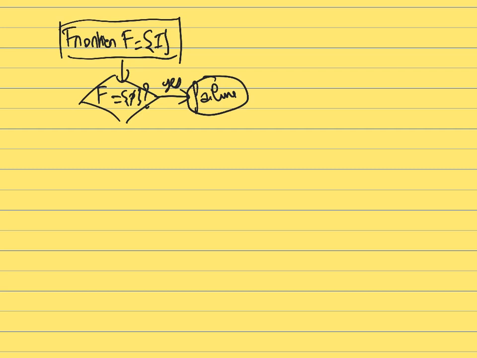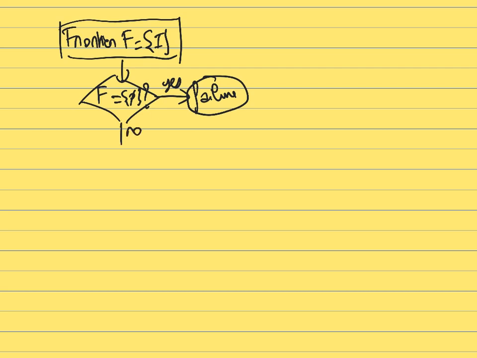So the next thing you're going to do is to check if your frontier is empty. If it is, it means that you have exhausted all the possible states that you knew, and you didn't find the goal, which means that your search has failed.